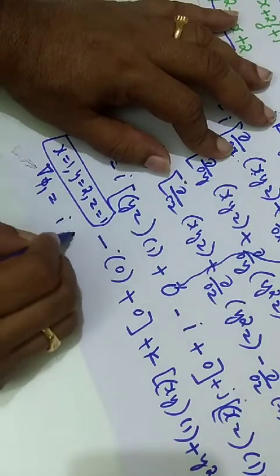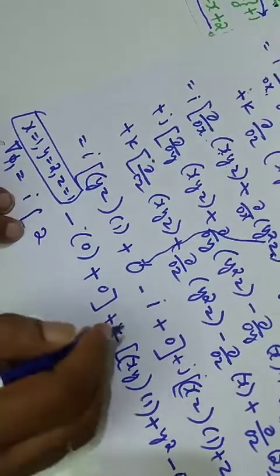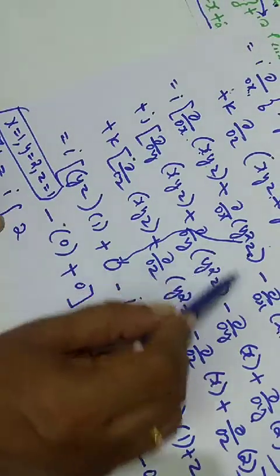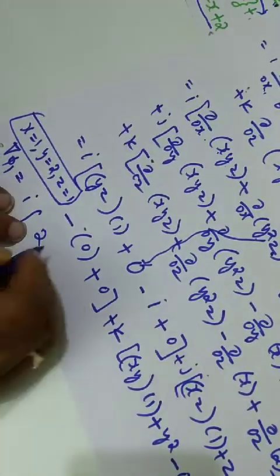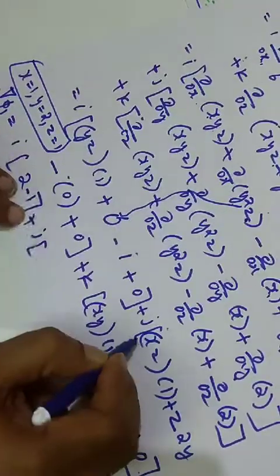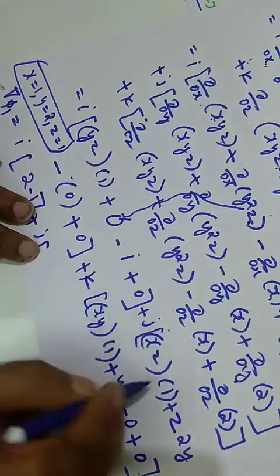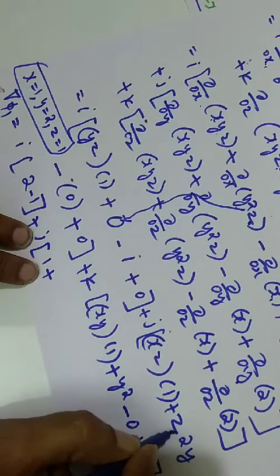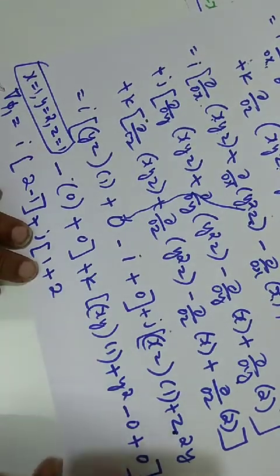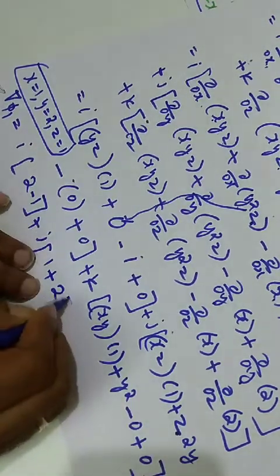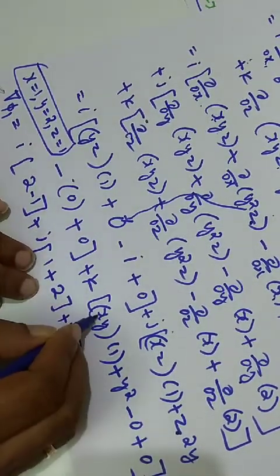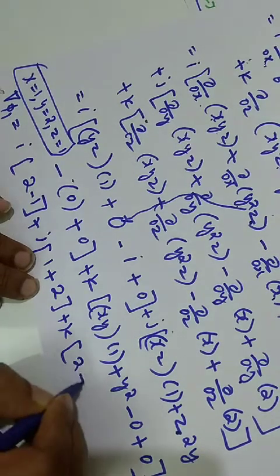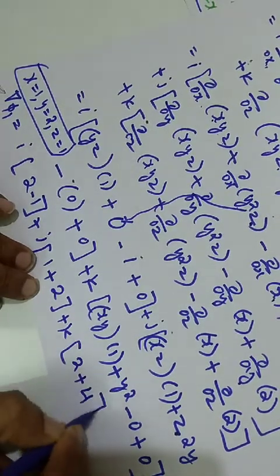Then i into y is 2, z is 1, so 2, minus 1; plus j into, here x is 1, z is 1, therefore 1, plus z is 1 into y 2, so 2; plus k into x is 1, y is 2, so 2, and y squared is 2 squared, 4.